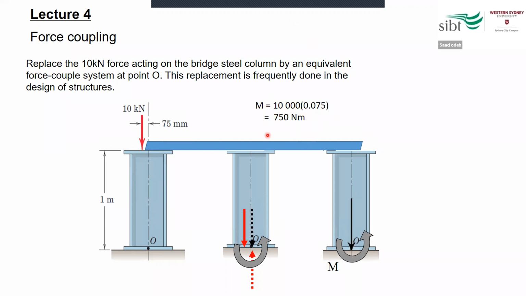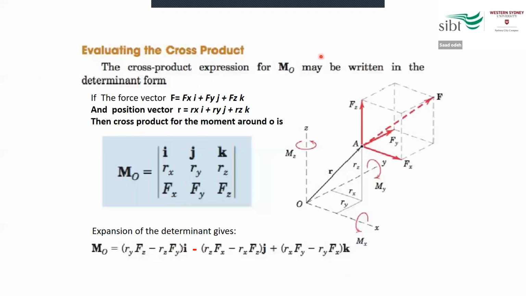So the moment here, we can find it equal to 750 Newton meter. In case we have a three dimensional system, then as we said before, we can use the cross product method, and simply put the unit vectors i, j, k, and then put the quantities of each unit vector for the distance here.